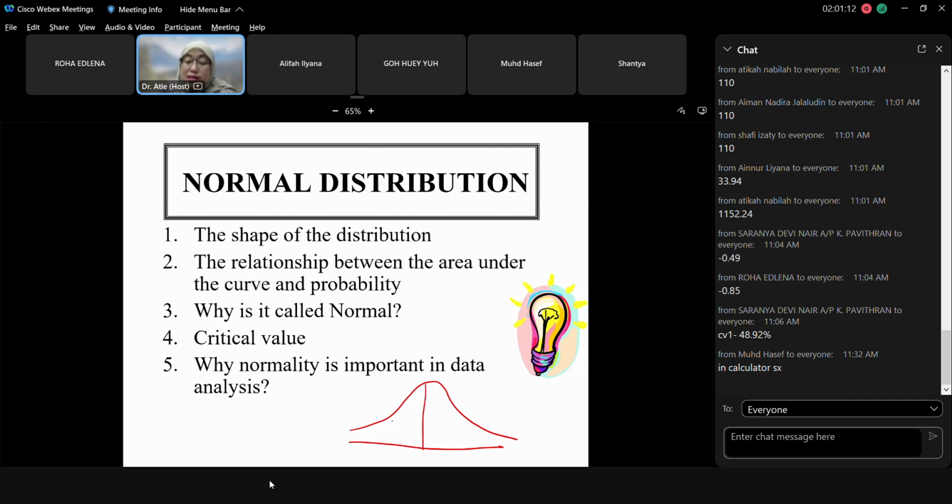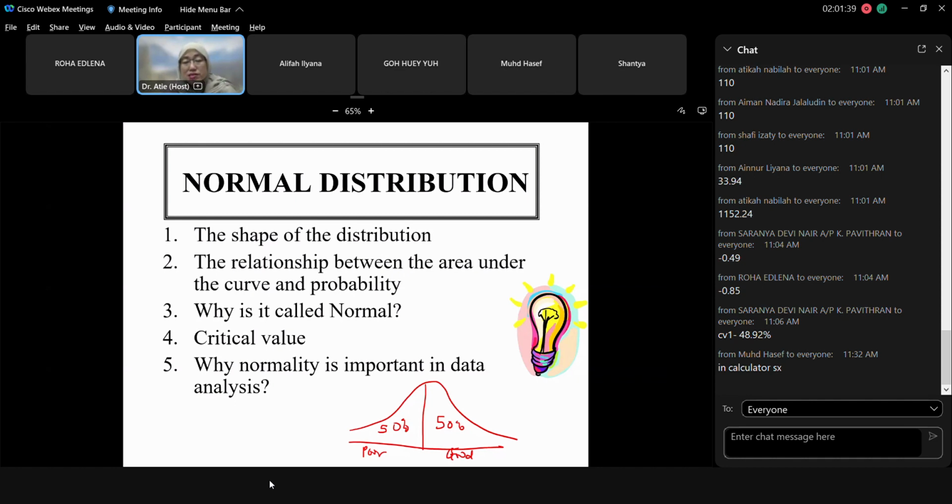So when you are selecting your sample from your population, you have selected, for example, the poor one on the left, same as the good one on the right, okay? So this is how important the normal distribution is for your data analysis.